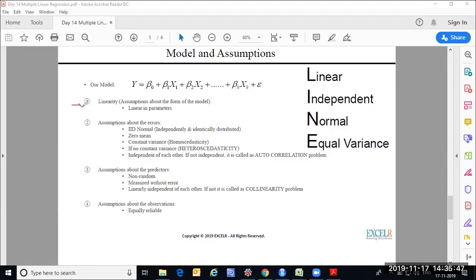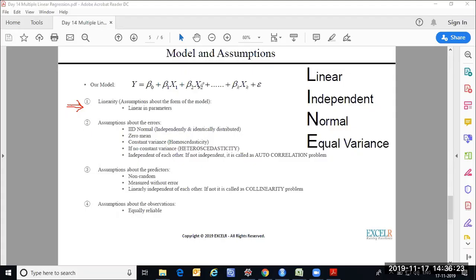The first one is about parameters. What are parameters in this equation? Beta naught, beta 1, beta 2, all the coefficients are called parameters. They can be called parameters or estimators. All these parameters have to maintain a linear relationship with what? With the output variable y.